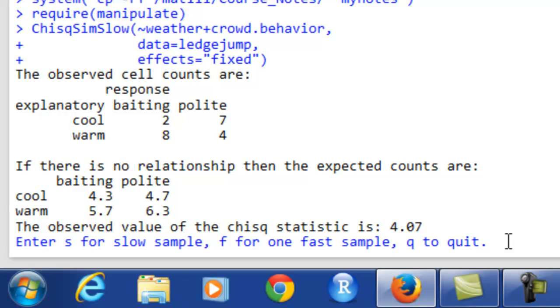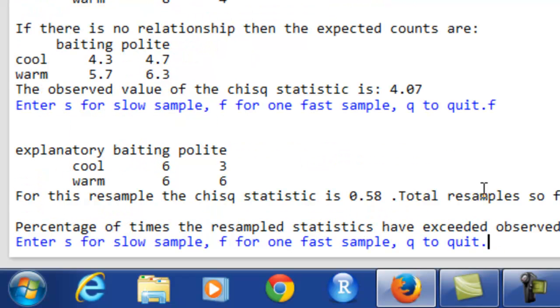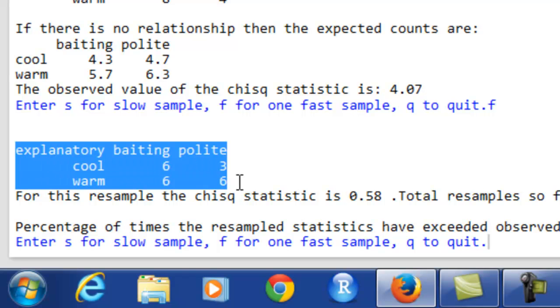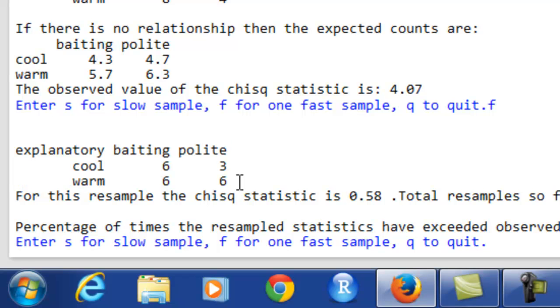Now you have options to either do it slowly or quickly. And I think I'll go for a fast sample. So I'll enter an F, press enter, and look what happens in the console. All in a flash, R repeated the study in a situation where weather makes no difference to crowd behavior.